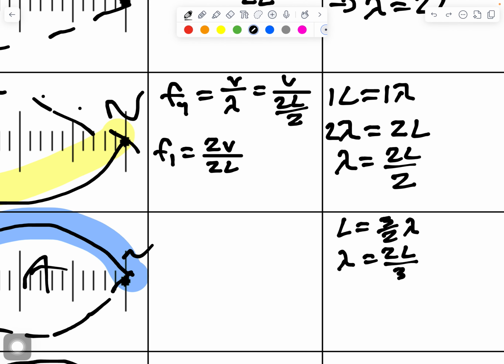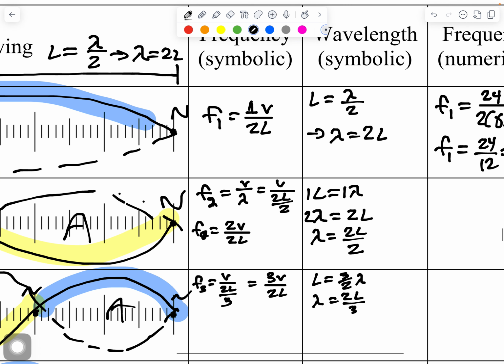This was supposed to be F2, sorry. So F3 is going to be V over 2L over 3, which would be 3V over 2L. Notice the pattern. Notice everything else is the same.